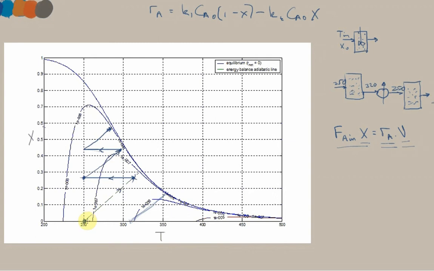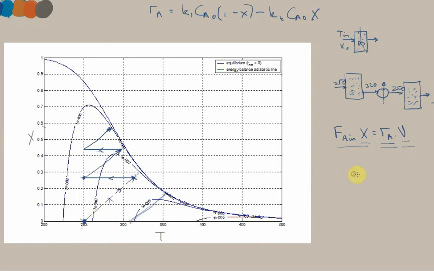So points along this line can't be found inside this reactor. If this reactor is designed to achieve this conversion, you go instantaneously from your entry point to this point. That means we don't have the advantage of perhaps higher reaction rates along the way and so on. So that's a characteristic of the CSTR.